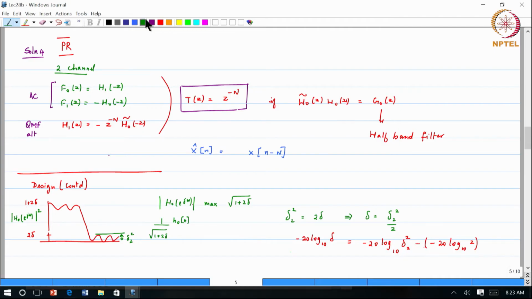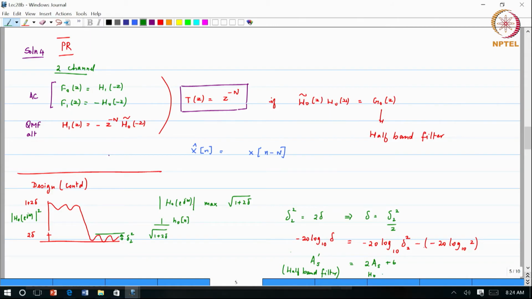If I were to write it in terms of the attenuations, this would be A S prime, that is the half band filter, is equal to 2 times the attenuation of the filter H naught, because it is delta 2 squared. What I should have taken is delta 2, but when I take it, it will be twice that, plus 6.